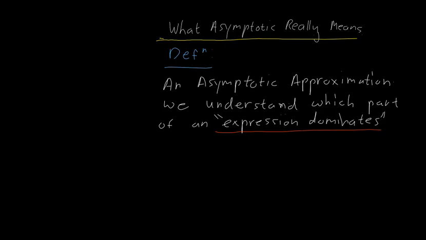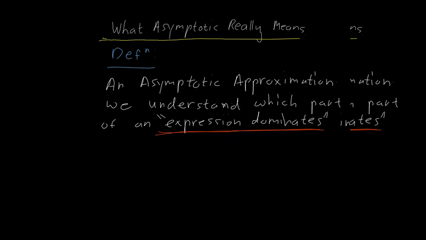So an expression which dominates in a given limit. Okay, that's what it means to be an asymptotic approximation. All right. Given limit.